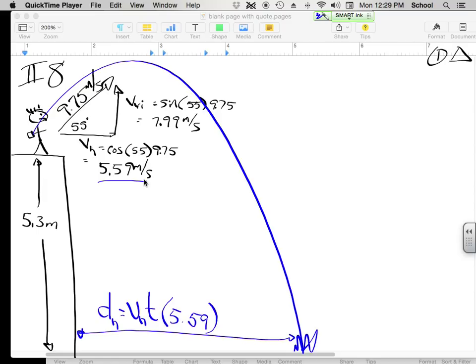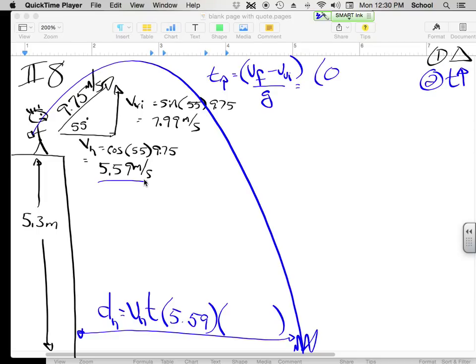So now all I've got to do is find out the time. Well, which direction is it going first? It's going up. So I'm going to find the time up first, using the time up formula, which of course was VF minus VVI over G. And VF was always 0 when I'm going up to my highest point, so it's going to go up till it stops.